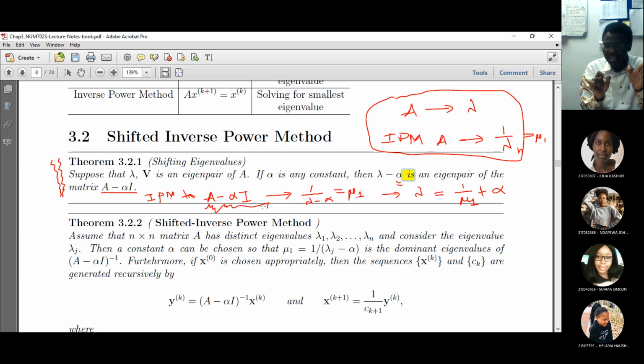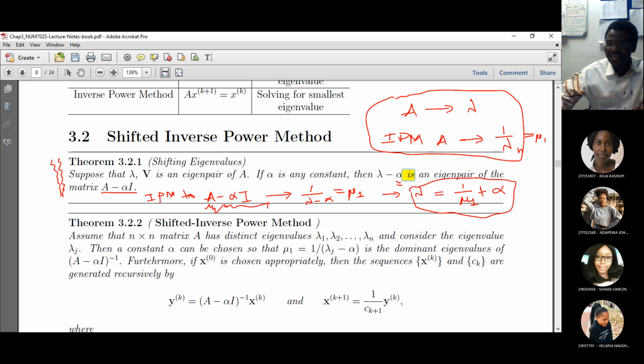I take my matrix A minus alpha identity, perform the power method to that, and then I perform this transformation to get the corresponding lambda. The eigenvalue that is in the vicinity of alpha will be found through this technique. So this is what will allow me to approximate my lambda.